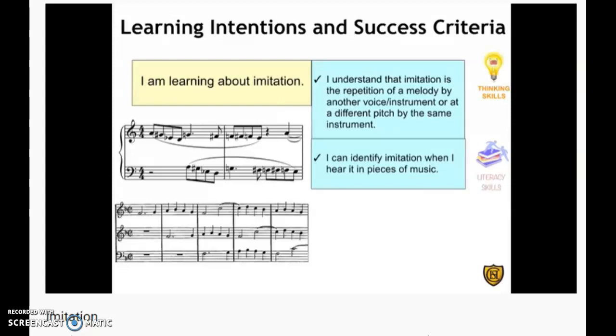And here's all 3 parts together. The third voice joins in at bar 3, imitating the same melody as the first 2 voices, but playing it at a lower pitch.